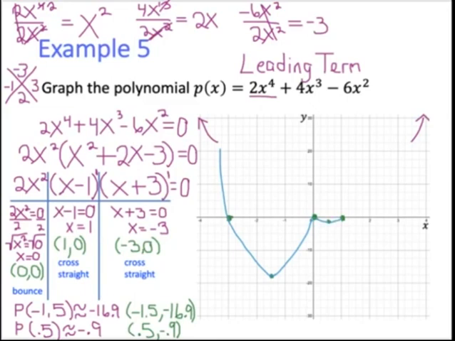And then it's going to cross straight through x equals 1. And then we can erase these other arrows. We don't need them anymore. And so there's our polynomial.